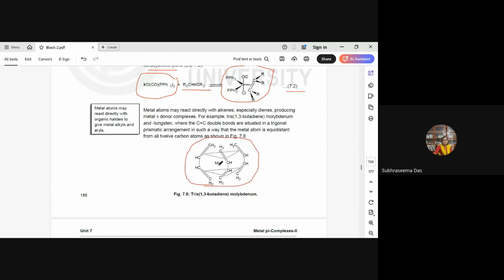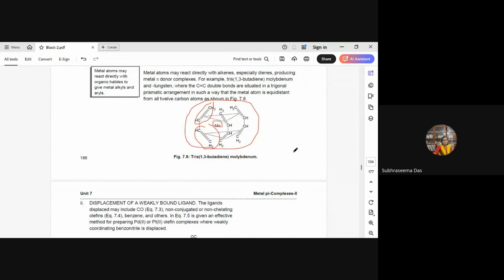Here, the position of the molybdenum and tungsten is such that the CC double bonds, you can see here, are situated in the trigonal prismatic arrangement. As a result, the molybdenum that is here is equidistant from all the 12 carbons that are present. This is especially the case for the dienes.